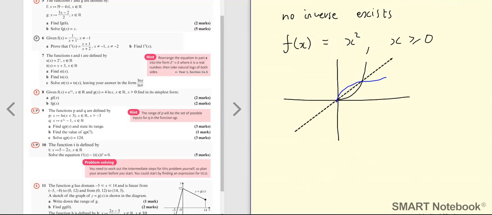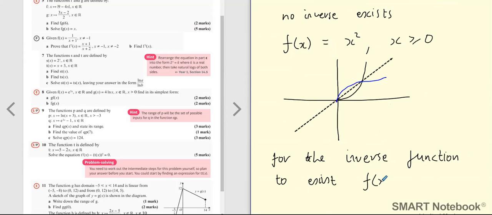So one key thing you need to understand is, for the inverse function to exist, f of x must be what? You tell me.